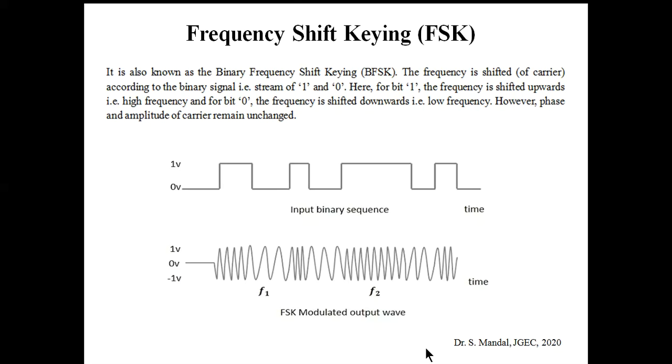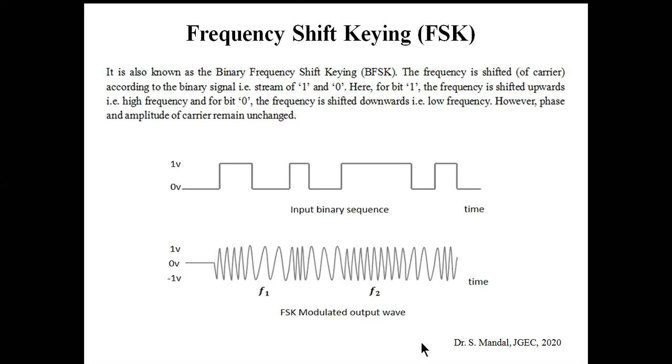That means for 1, high frequency is used, whereas in case of 0, frequency is shifted downwards. That means a low frequency carrier is used for modulation. So here you can see that for 1, high frequency, and for 0, low frequency is used. That means frequency is varied depending on the value of the input binary sequence.